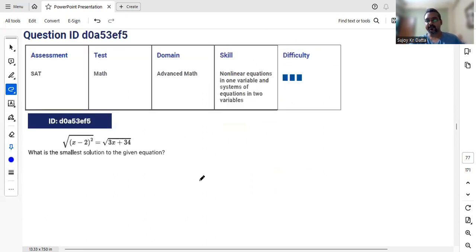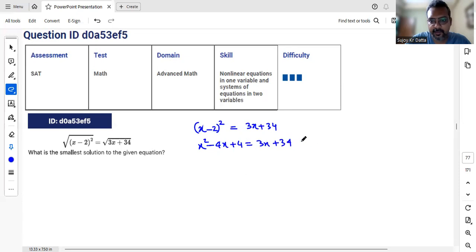So we have an equation of this side. So to solve this, we'll just square both sides. So we get (x minus 2) squared equals 3x plus 34. That's our first step. So let's simplify it. x squared minus 4x plus 4 equals 3x plus 34.